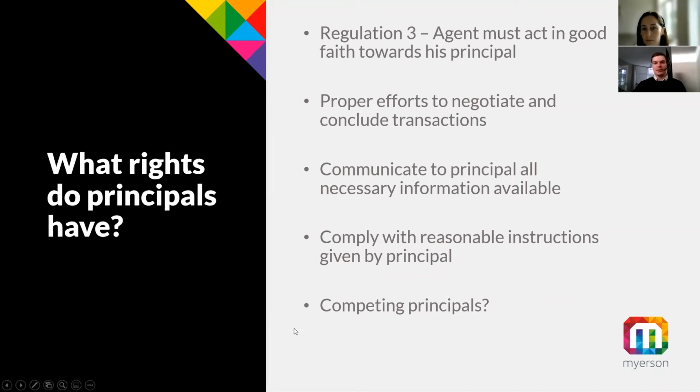The regulations impose an obligation of good faith upon a commercial agent towards their principal, which means that when an agent's performing the agency, they must look after the interests of the principal, act dutifully and in good faith, make proper efforts to negotiate and conclude transactions that they're charged to take care of, communicate all necessary information to the principal, and comply with reasonable instructions given by the principal.